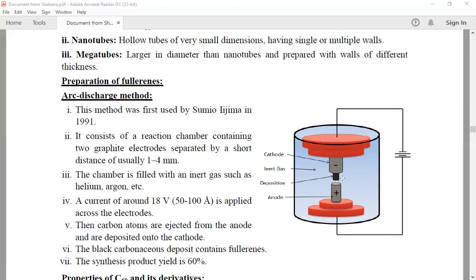The best method is the arc discharge method. This method was first used in the year 1991.